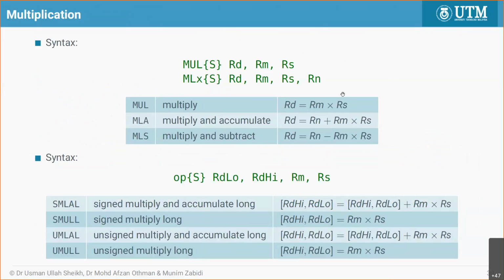So multiplication is a complex instruction because there can be up to 4 operands, especially for the MLA version. For the multiply only, we have a destination register and then 2 source registers.